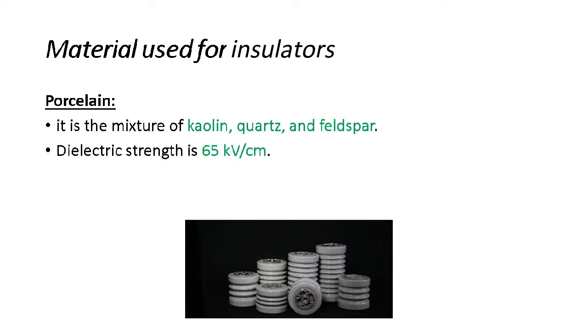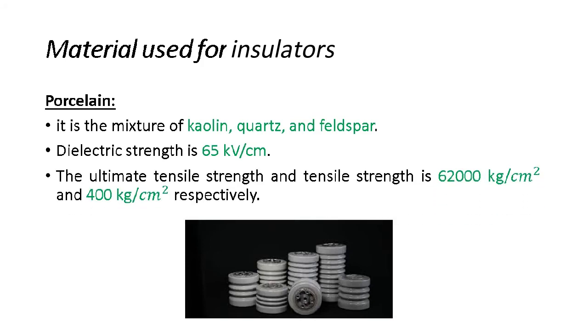If we talk about the dielectric strength of porcelain, it is 65 kilovolt per centimeter, and its compressive strength is more than its tensile strength, because the ultimate compressive strength and the ultimate tensile strength, here I have made one mistake, are 16,000 kilogram per centimeter square and 400 kilogram per centimeter square respectively.